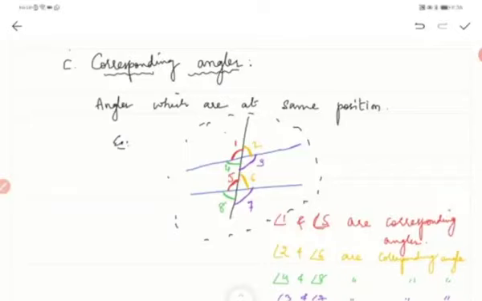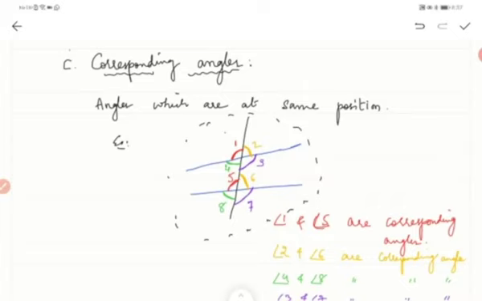Whenever I say some angle, try to repeat that angle at least 4 to 5 times loudly, whether you're watching a video or doing some problem. When you repeat it again and again, it becomes easy to read out and remember, and it will be stored in your memory. That's why repetition is important.